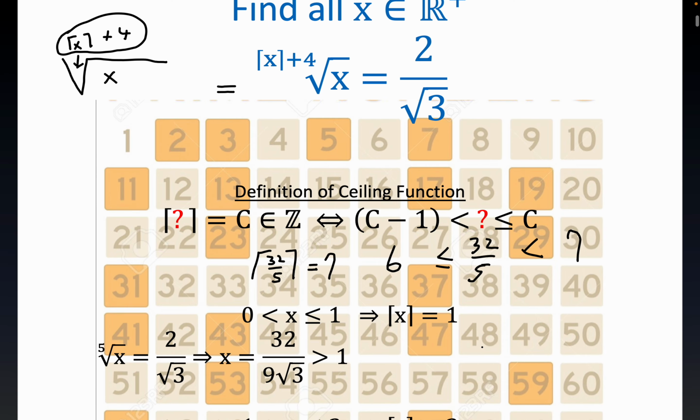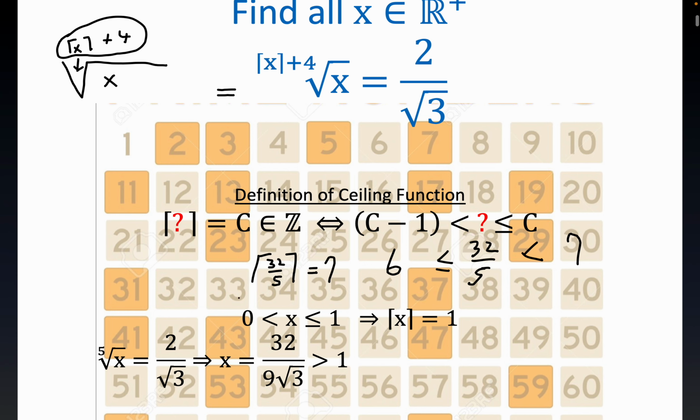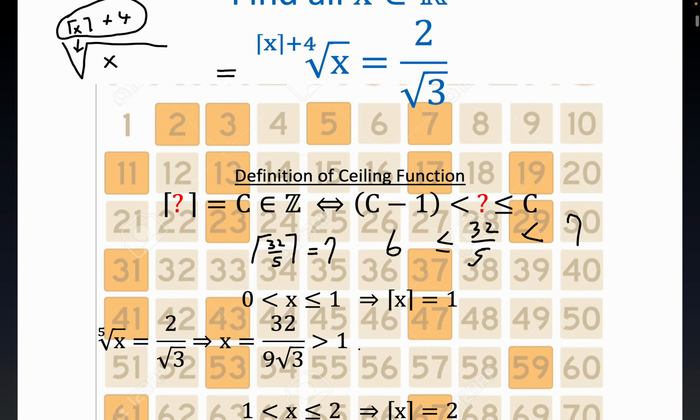So what we do here, you can see exactly what I did. I took the original equation and I simply put a 1 right here. We're assuming that the ceiling of x is 1, which determines this range of x's. I just wrote it down right here. In other words, this statement right here is exactly this statement. If you raise both sides to the 5th power, you get x is equal to this number, and this number is greater than 1.